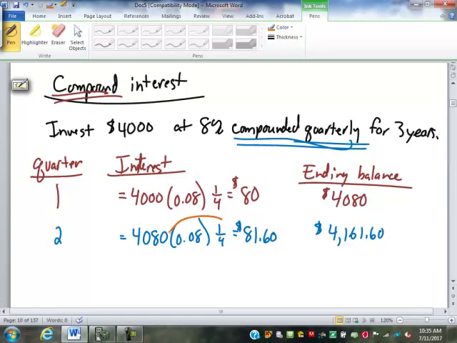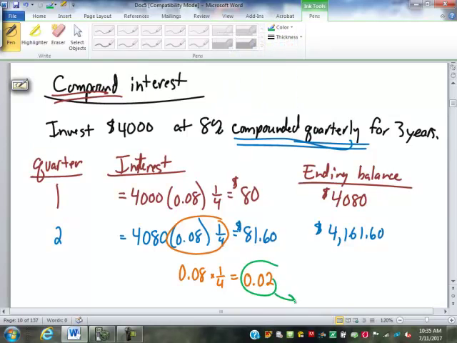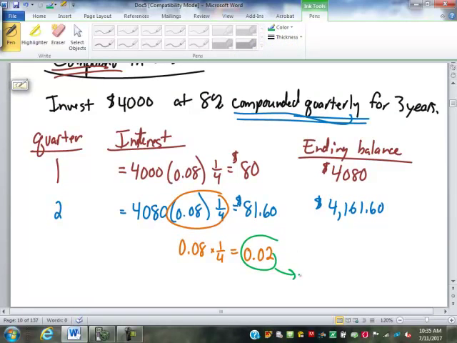First thing we're going to see is right here. This is always 0.08 times 1/4, which is 0.02. What that means is 8% annually is 2% per quarter, right?